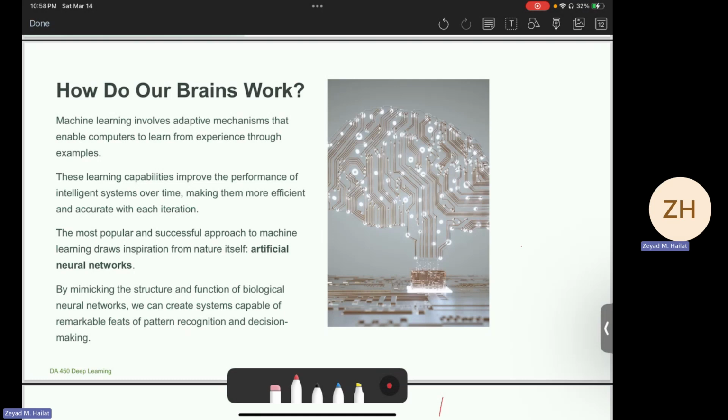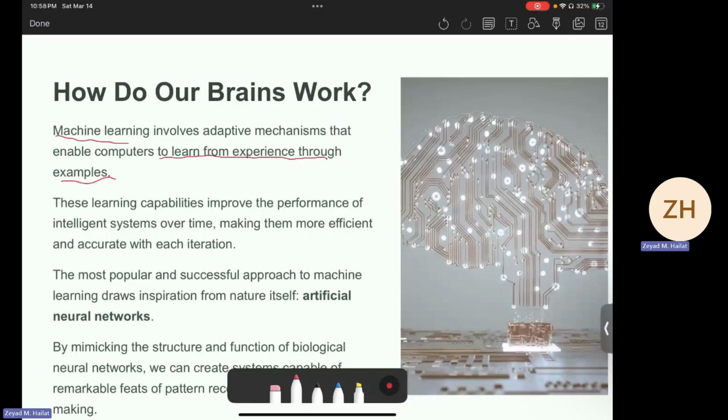So let's see how our brains are working. Machine learning involves adaptive mechanisms that enable computers to learn from experience through examples. This is common knowledge in machine learning. When we talk about machine learning, we know you have a set of examples that you are learning from, and these examples are translated into the actual model that can be applied later on unseen data.